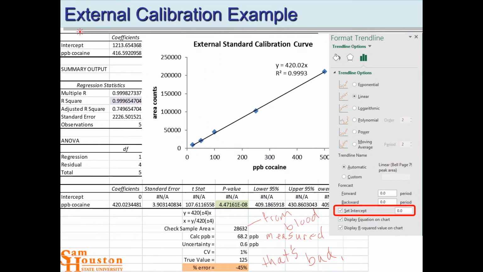You put it in organic solvent, there are no enzymes in there. They're not messing with the cocaine. And so that's a substantial difference that we would call a matrix effect. Okay. Blood has an active matrix. It actually is taking away your signal, whereas organic solvent doesn't. So that's the answer. But how do we account for it in our calibration? And so we'll learn about that next time.